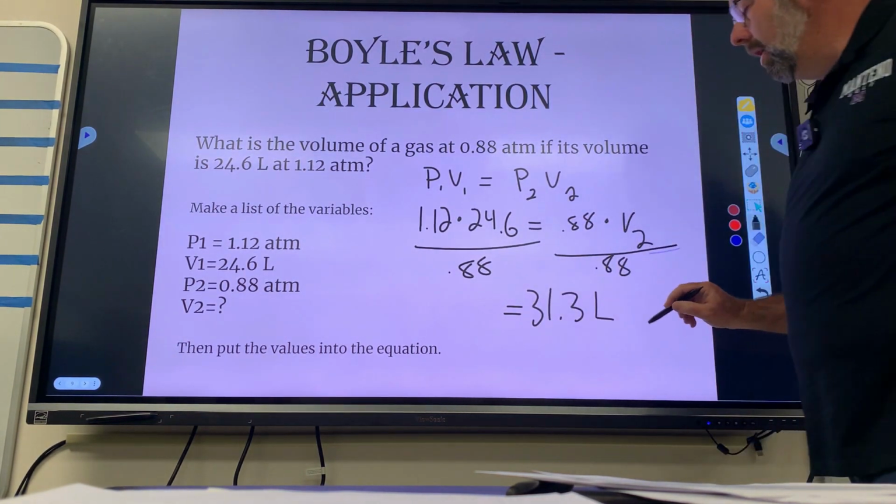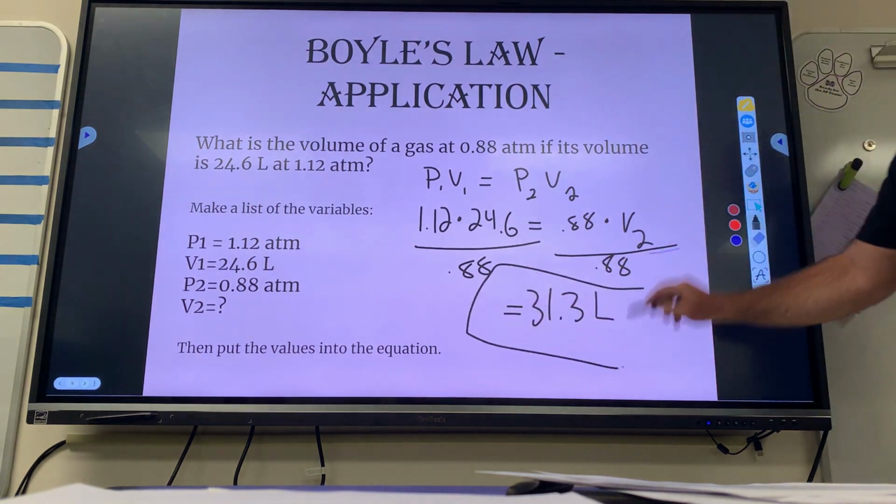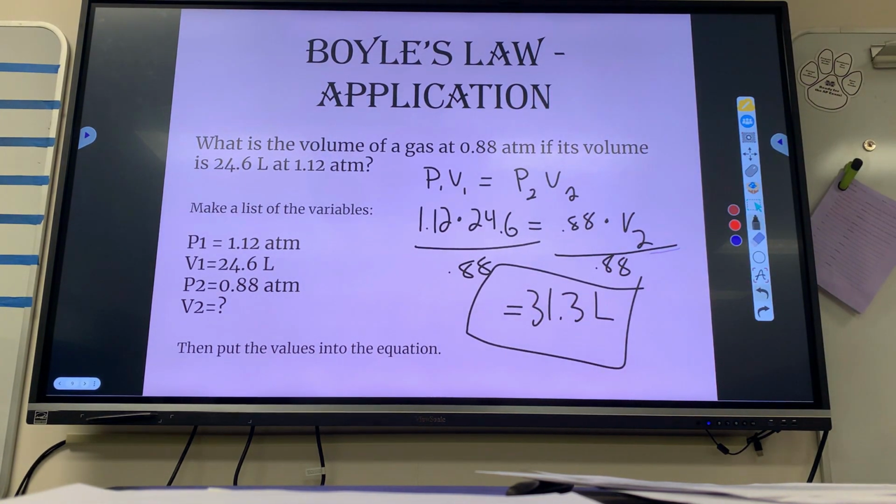And again, we keep our units the same. We started with liters as our measurement of volume, so we are going to end with liters as our measurement of volume. So this is how we apply Boyle's law.